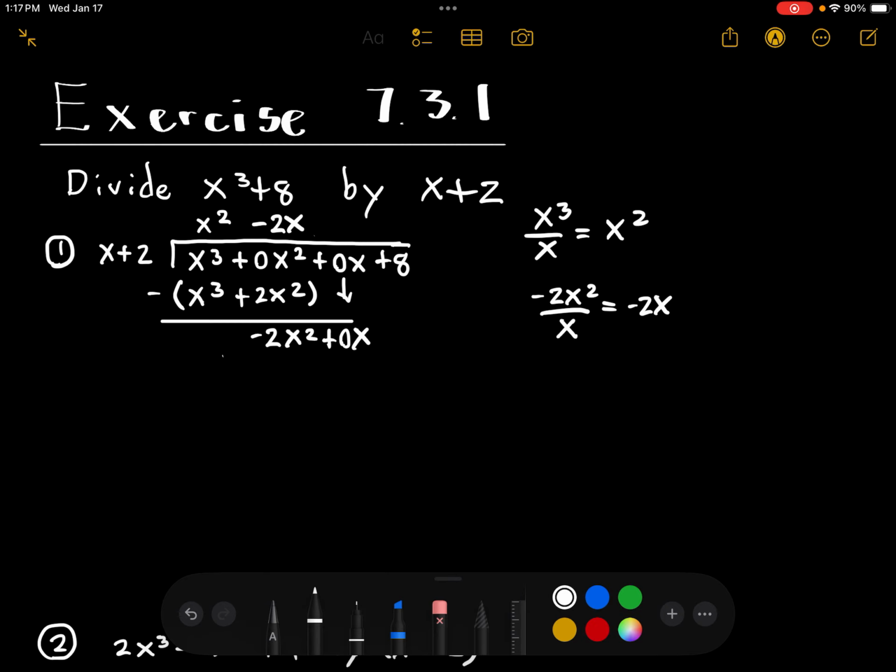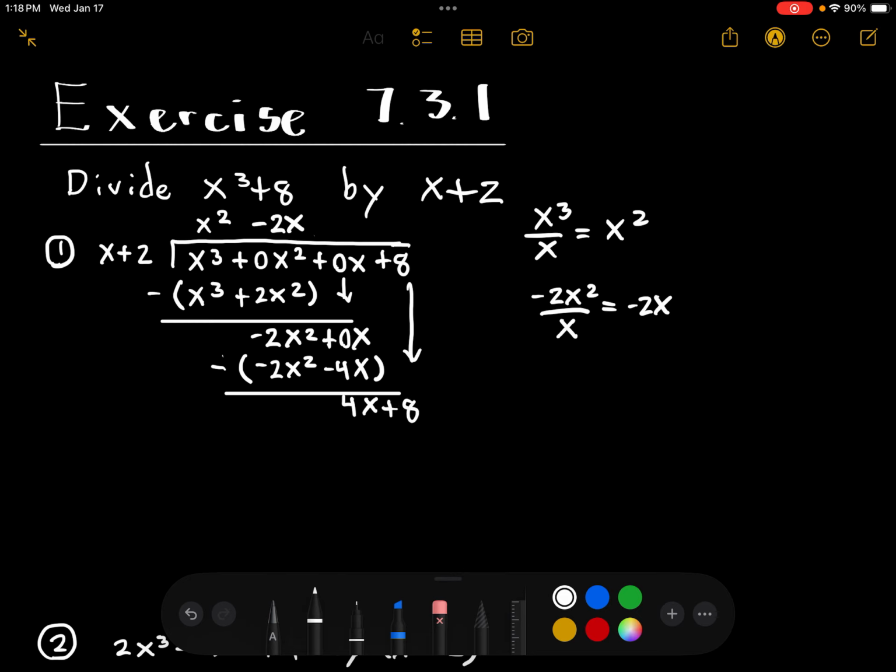All right, we're going to do that again. So negative 2x times x is negative 2x squared. And negative 2x times 2 is negative 4x. We're going to write this in parentheses. We're going to subtract it. The 2x squareds cancel. This negative will make this negative 4x into a positive 4x. And then we're going to drag the next number down, all right, which is an 8.